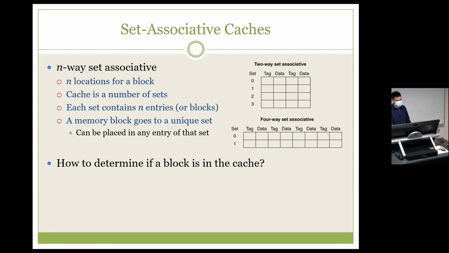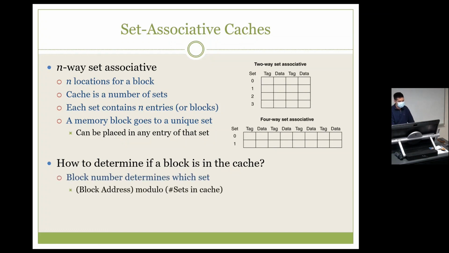So how can we determine if the block is in the cache? Well, we get the address of the set that it belongs to. So we take the block address modulus, instead of the number of locations in the cache, the number of sets in the cache. Because although this is 8 data locations, there's only 4 sets, right? So that is what changed.